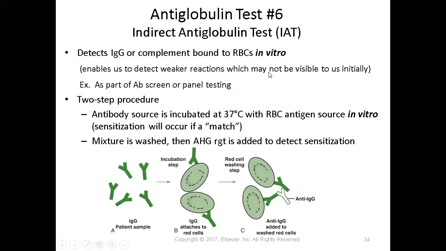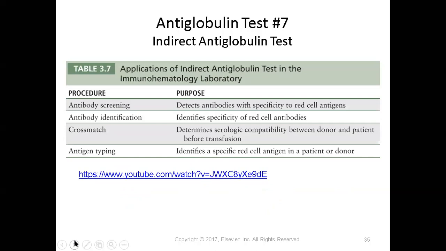Okay, so this is simply something in our toolbox to help us detect weaker reactions that we may not be able to visualize. So when can the indirect antiglobulin test be done?